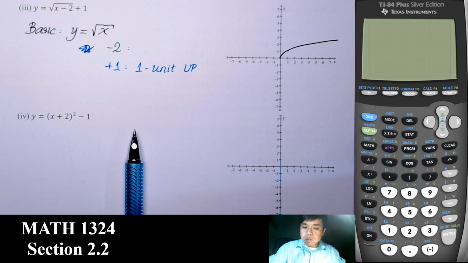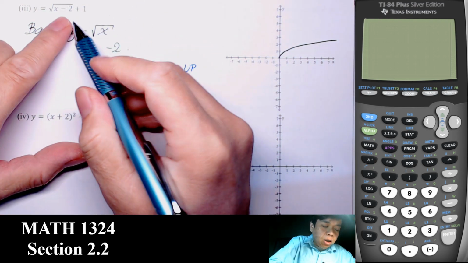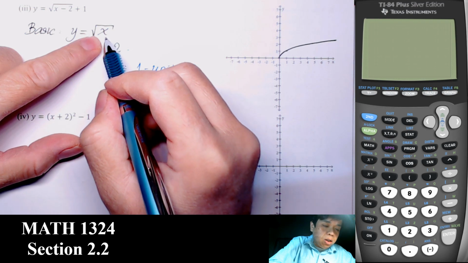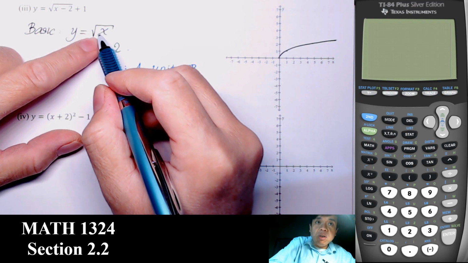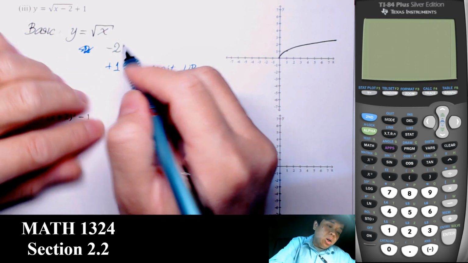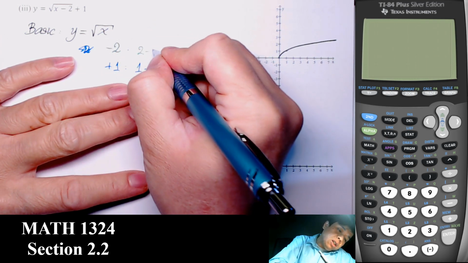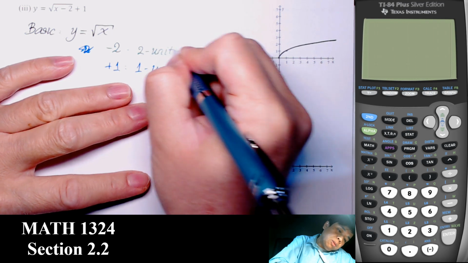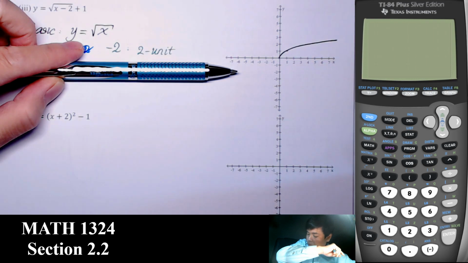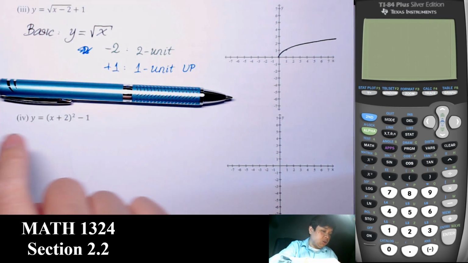-2, it is inside of the square root, and so it affects the graph horizontally. So it goes left or right in the reverse manner. So that will be 2 units to the right. Reverse to what? Conventional wisdom: on the x-axis, positive on the right, negative on the left.